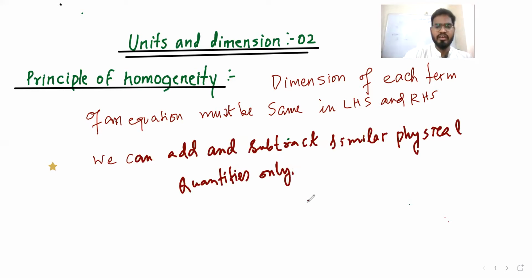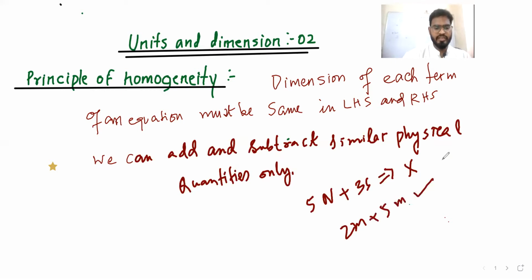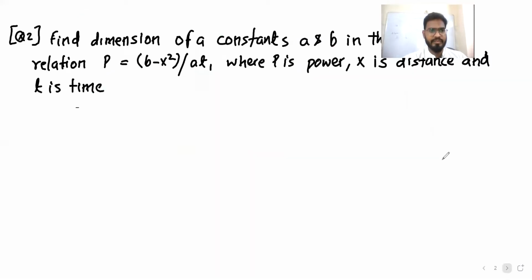Example, 5 Newton plus 3 second can't be added. 2 meter plus 5 meter, of course it can be added, right? That is the principle of homogeneity.